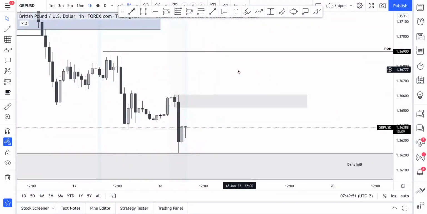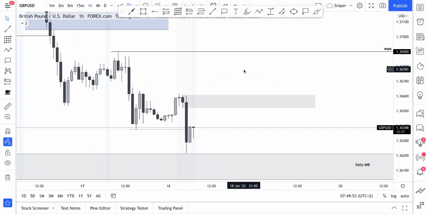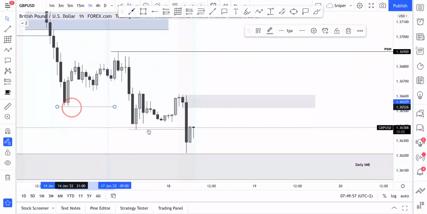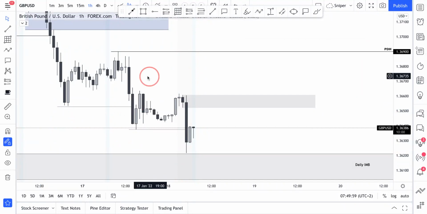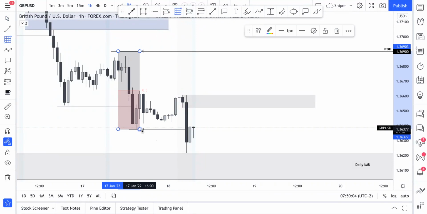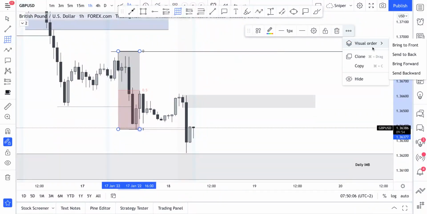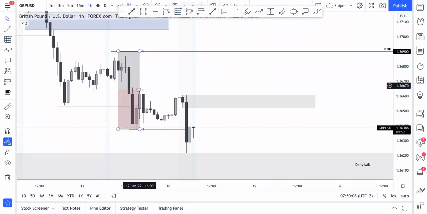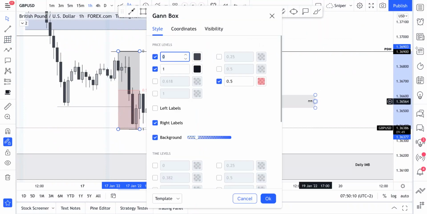But we could also just look at the extremes. That's something that I've learned, to look at the extremes, because you can see here we also have a structure break, and price did not yet come back fully up. So there's the move towards the downside. I need to get different colors. I'm not liking these colors. I'm just going to make it a bit lighter.